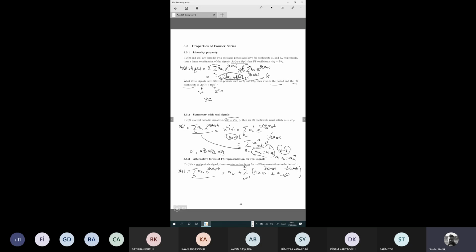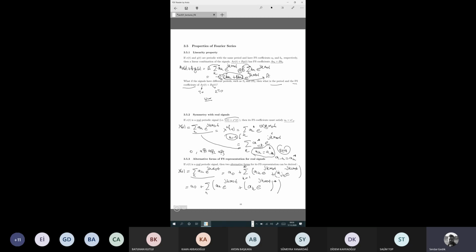So instead of this a minus k here, I will put ak conjugate. If I continue, this is equal to a0 plus summation over k of ak e to the power j k omega 0 t, plus ak e to the power j k omega 0 t conjugate.